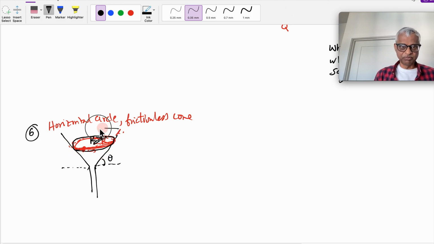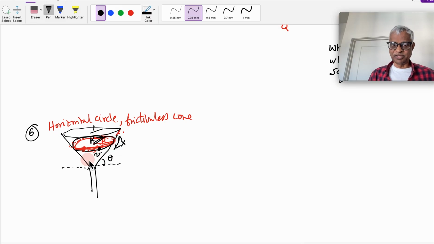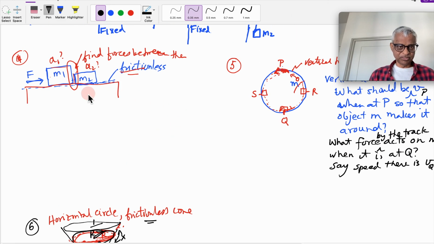Of course, it depends on where you are, over there the r will be bigger. So this is a particular r, and it is going with the speed v, and it doesn't go up or down. It maintains it. So what's the condition if it's frictionless and it's going like that? How is that possible? What should the condition be so it's possible? Okay, let's do this one.